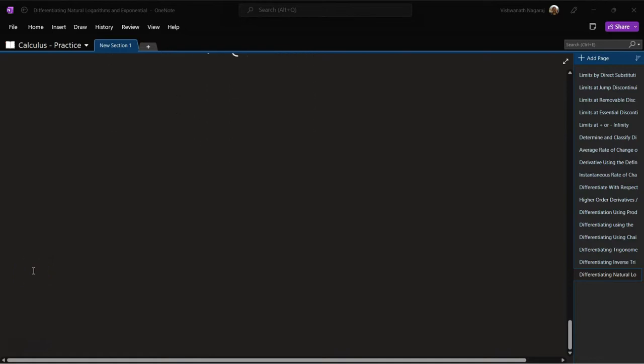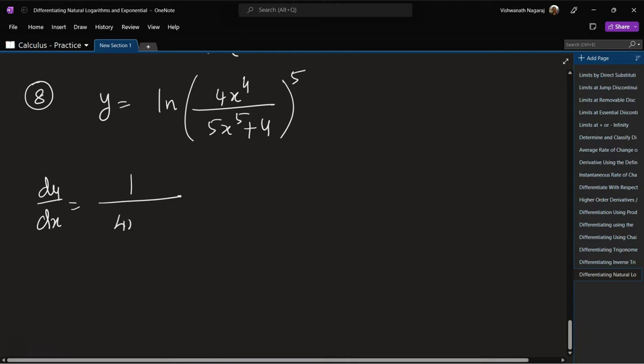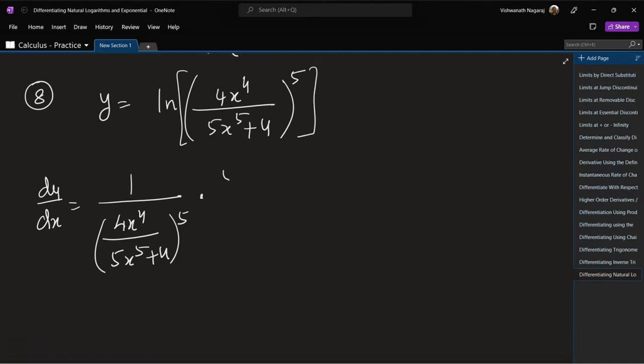Now let's look at the eighth one. Y is equal to natural log of 4x^4 by 5x^5 plus 4 to the power of 5. So dy by dx is equal to 1 by 4x^4 by 5x^5 plus 4 to the power of 5 times, now this. So this would be 5 times 4x^4 by 5x^5 plus 4, 5 minus 1, 4.